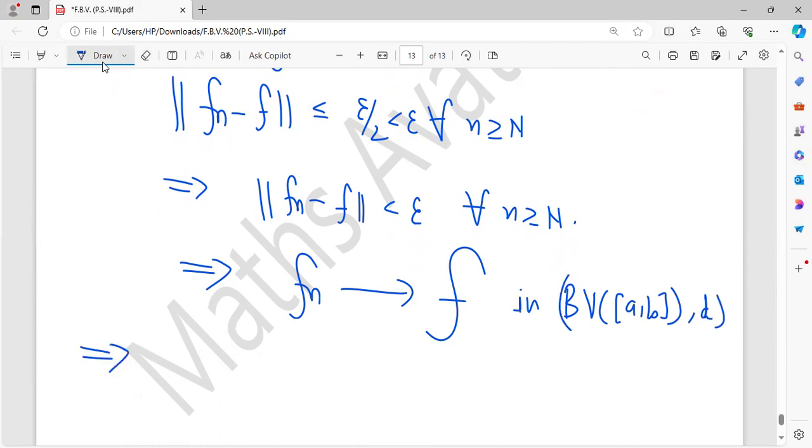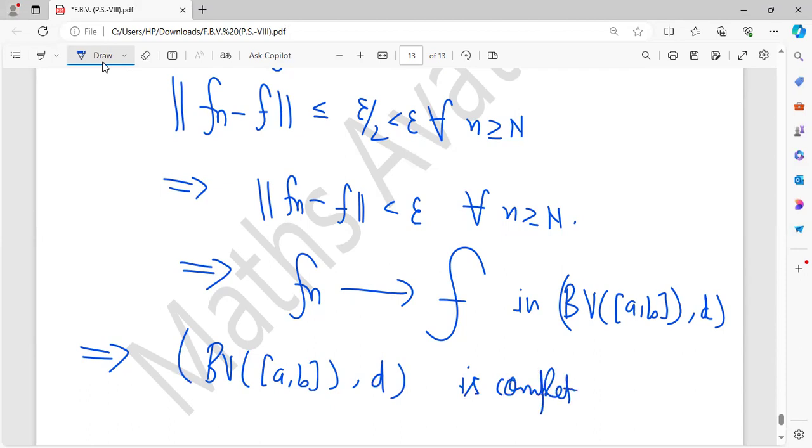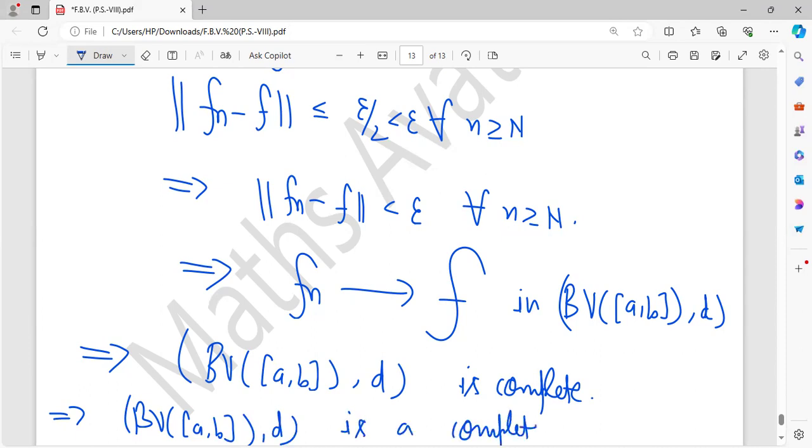So this implies every Cauchy sequence in this metric space is convergent. So this implies this metric space is complete. So the space of functions of bounded variation is a complete metric space.